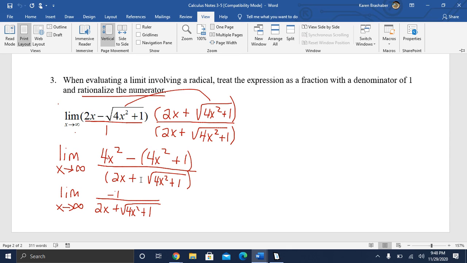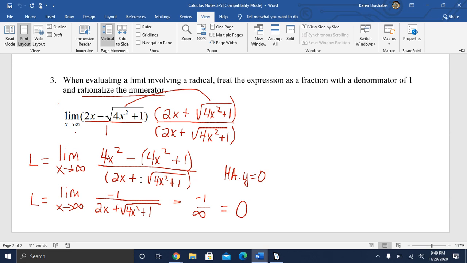So if we plug in infinity, we end up with -1 over infinity. And according to what we had in the introductory video, that equals 0. So this limit equals 0.